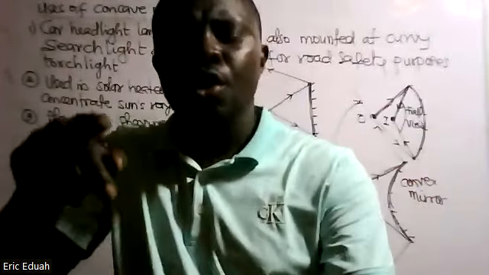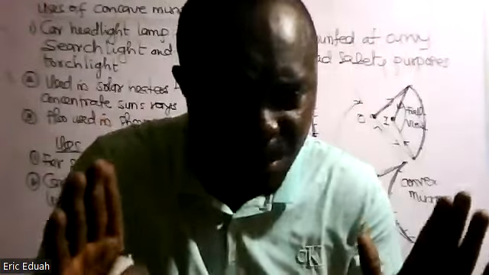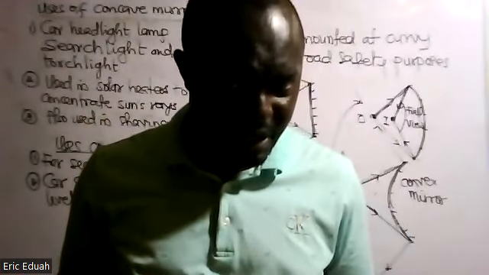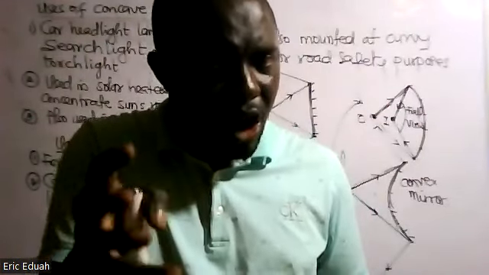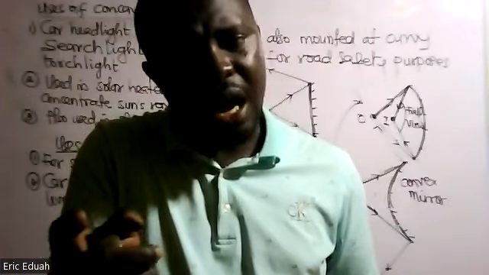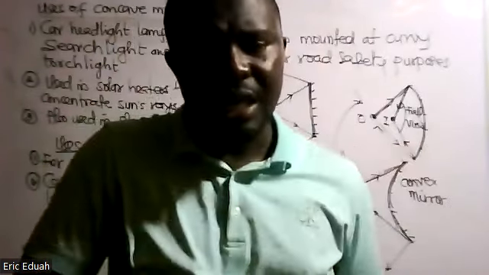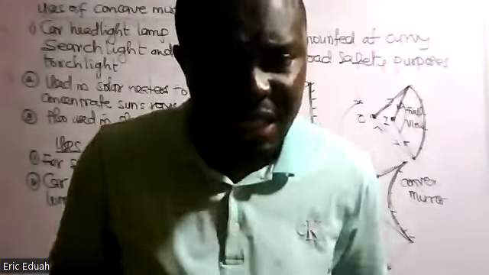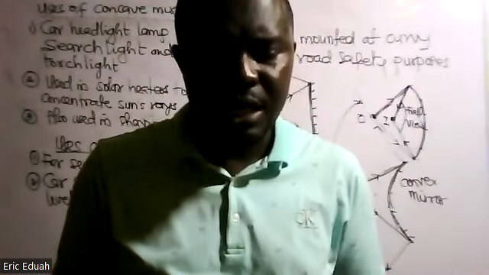Convex mirror would always give you an upright image, irrespective of the position of the object. So another importance of convex mirror as used for these purposes is that it will always give you an upright or erect image, irrespective of where the object is placed.